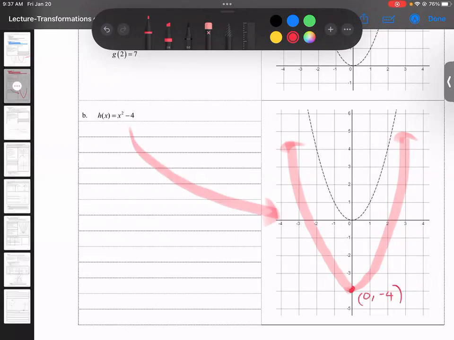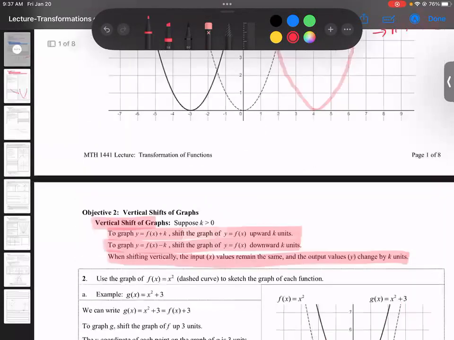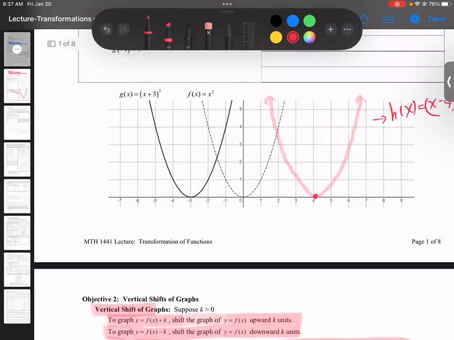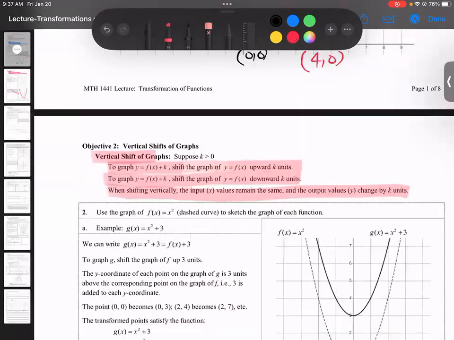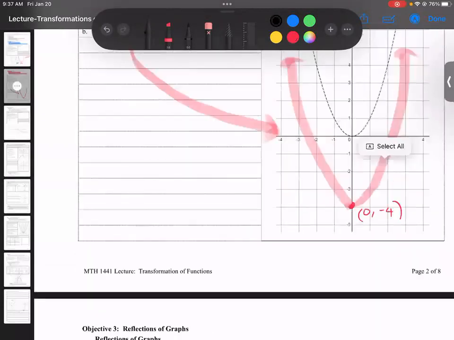That's called the vertex, 0, -4. Let me put the vertex here as well. This will be 4, 0, because originally it was 0, 0. So on the exam, make sure you put the vertex. So that's okay. Pretty simple.